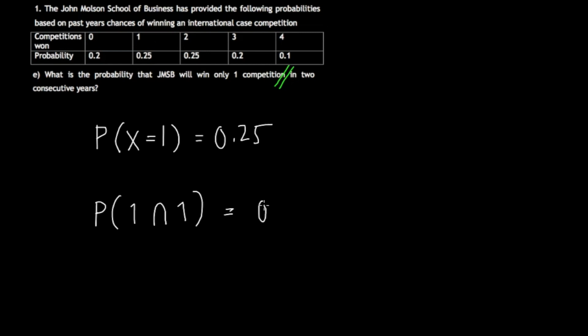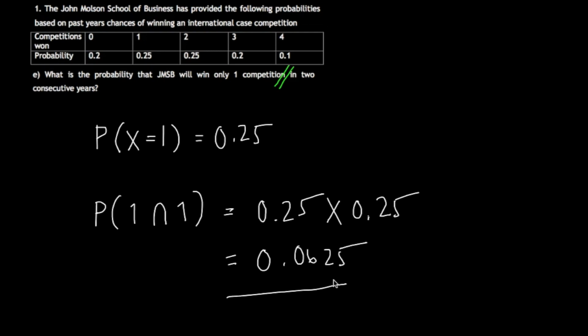So we'll take the probability of winning one competition in the first year, which is what we found in the first part, so 0.25, and multiply it by the probability of winning one competition in the second year, which is also 0.25, and this gives us a total of 0.0625.